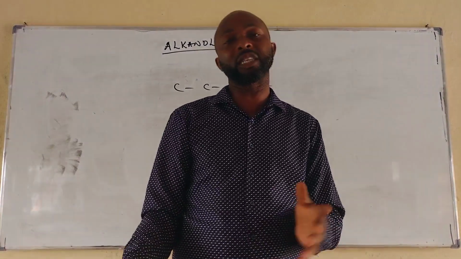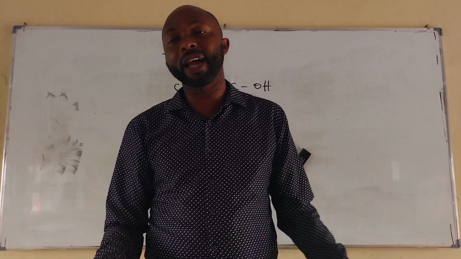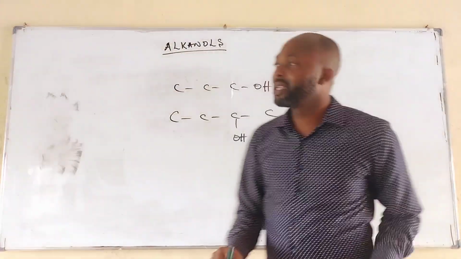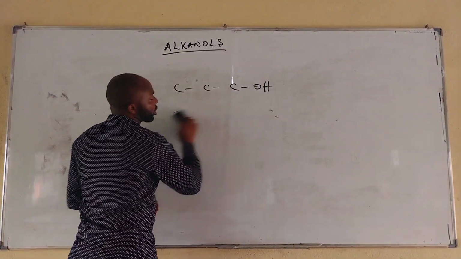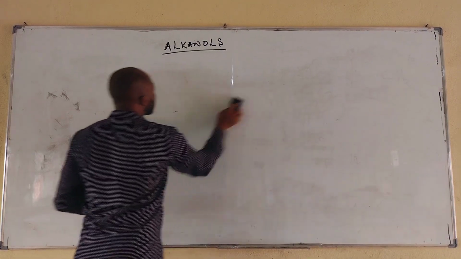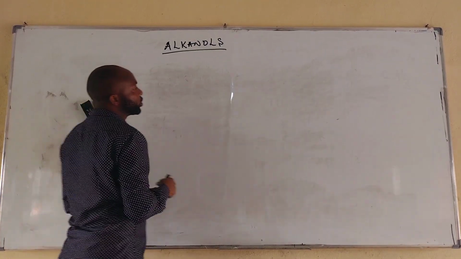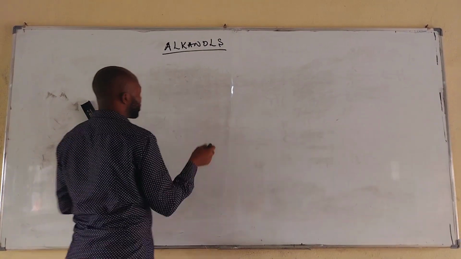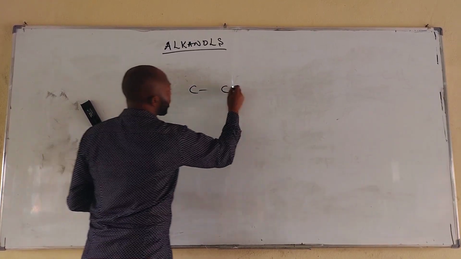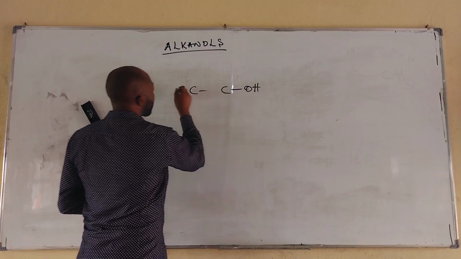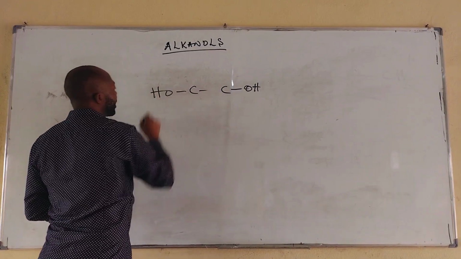So let's look at the classification of dihydric alcohols, which means there are two hydroxy groups in a compound. We say dihydric alcohol. Let's take the simplest one. This is the first one. I have my OH here. I have my OH here.